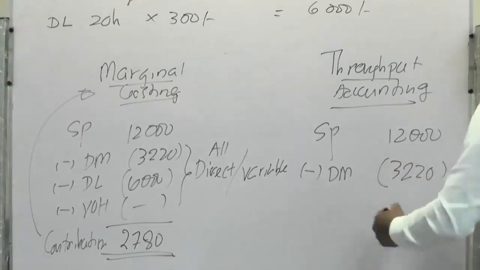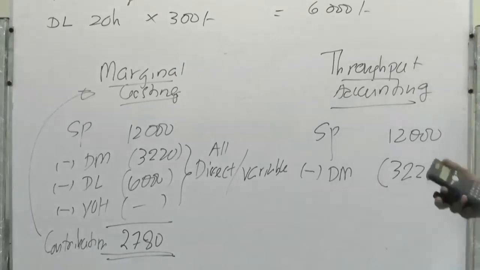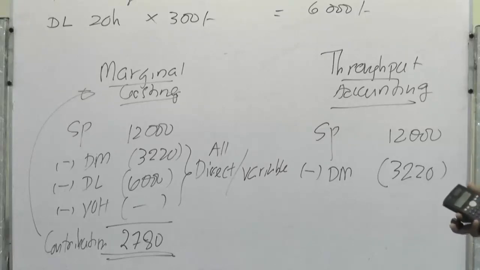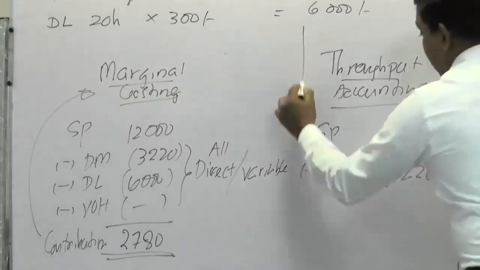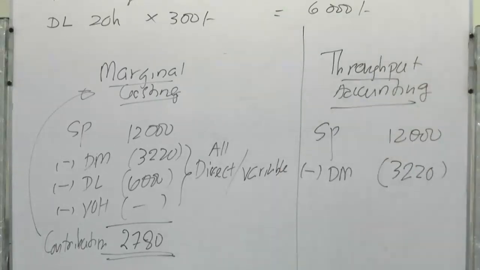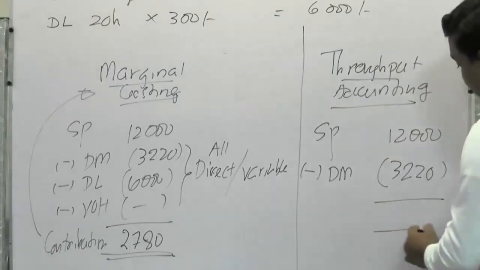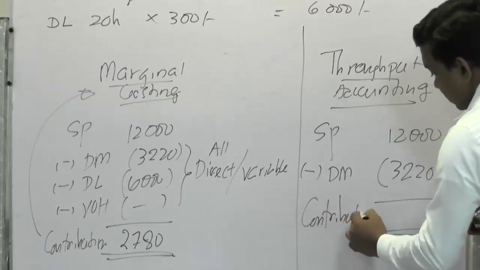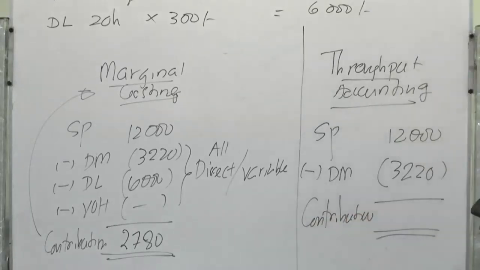You are not going to deduct direct labor and direct overhead. Direct labor and direct overhead will be considered as conversion cost under throughput accounting, right? Therefore, according to throughput accounting, contribution will be calculated only using direct material.